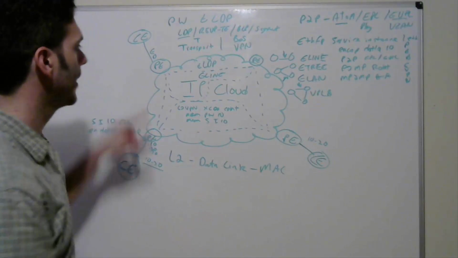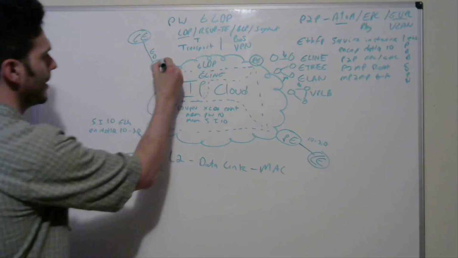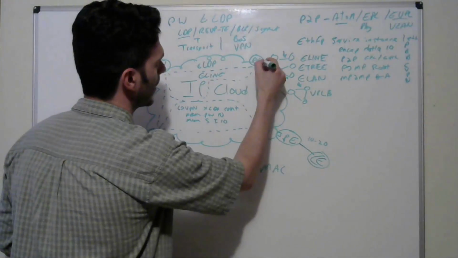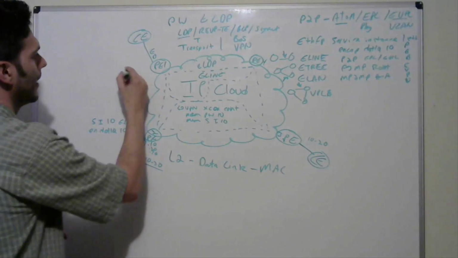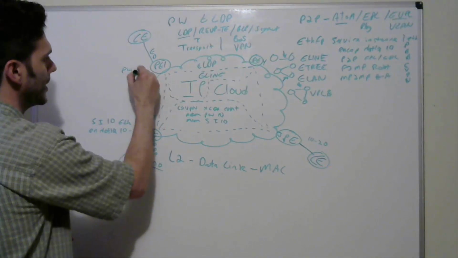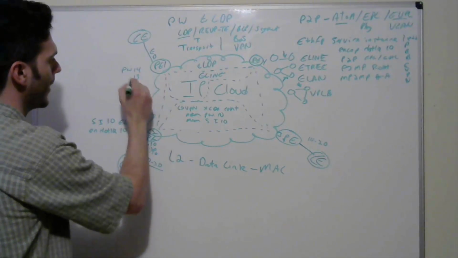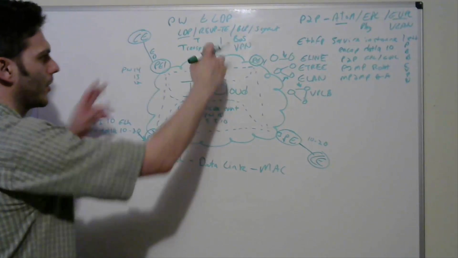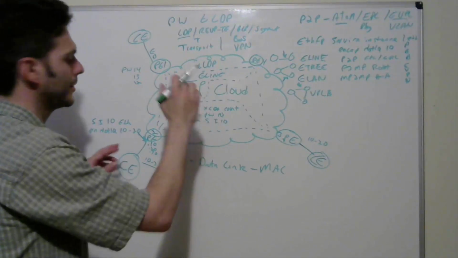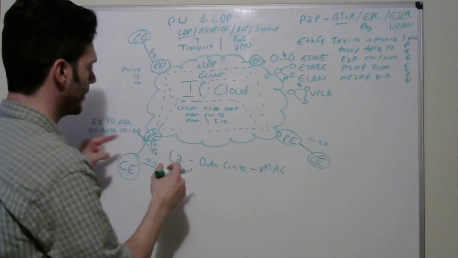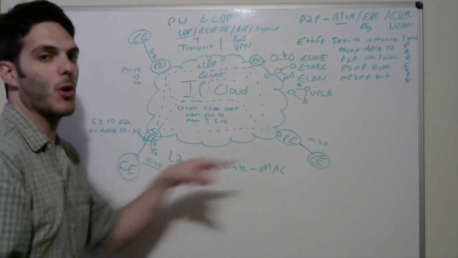And then on this, let's say PE1, PE2, PE3, and PE4 over here, you'd have a pseudowire 14 and pseudowire 13 and pseudowire 12 here. And these would connect all these. PE1 would be connected to PE2, 3, and 4, and PE4 would be connected to PE1, 2, and 3, and it would go all the way around.